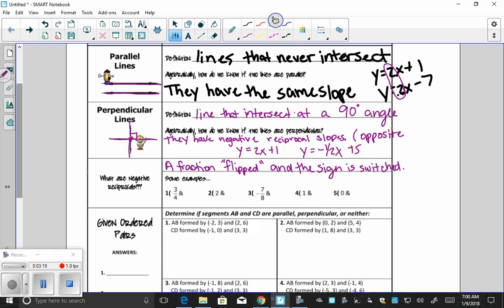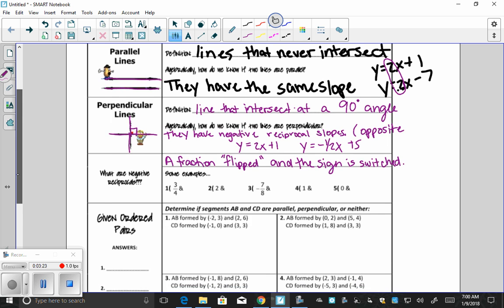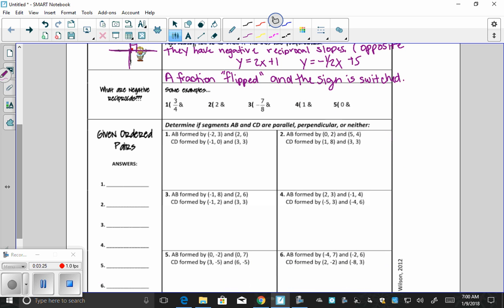So the fraction is flipped and the sign is switched. So let's look at some examples. Number 1, 3/4. The negative reciprocal of 3/4 is a flipped fraction, so 4/3, and it was positive, so now it becomes negative. Well, number 2 isn't a fraction, but I can make it into one. Just put a 1 underneath. So 2/1 will now become 1/2.